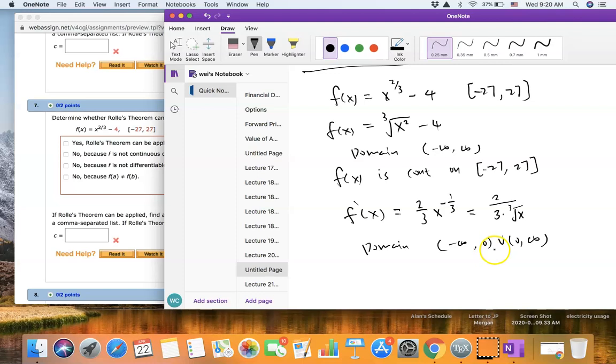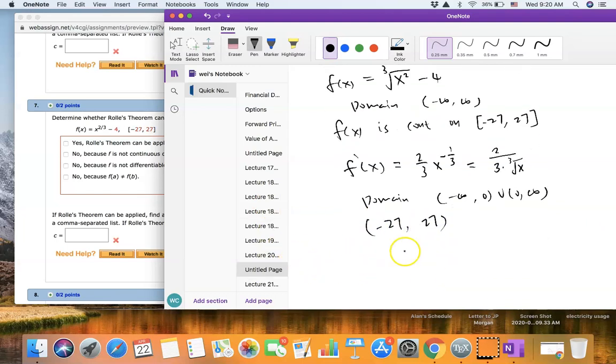And because 0 is contained in this open interval, the derivative function is not defined everywhere on this open interval, from negative 27 to positive 27.